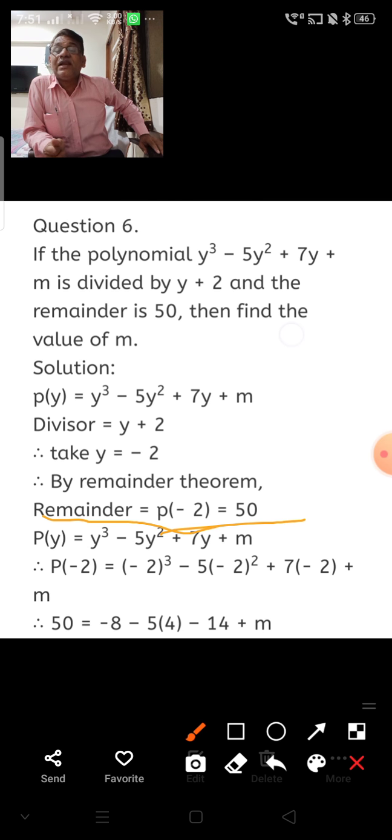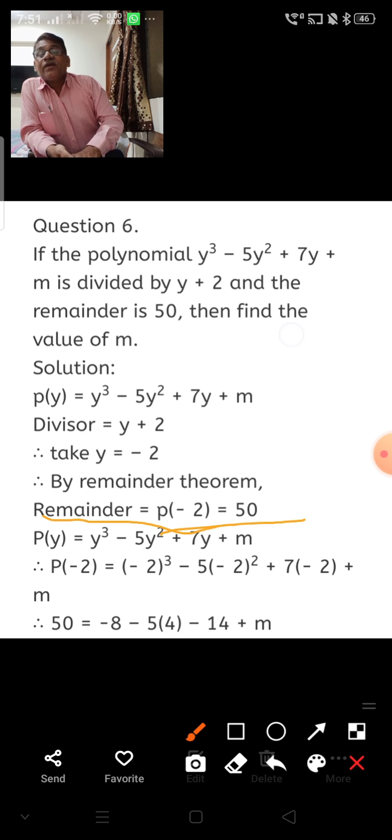Now substitute the value. P of minus 2 is equal to minus 2 cube minus 5 into minus 2 square plus 7 into minus 2 plus m.